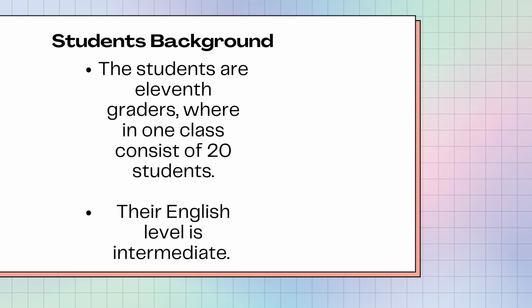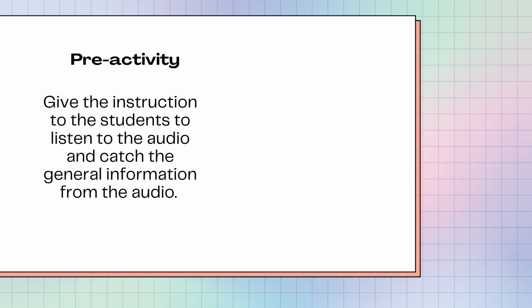Students' background. The students are in 11th grade, where one class consists of 20 students, and the students' English level is intermediate. One section is divided into three parts: first, pre-activity, second, main activity, and third, post-activity.